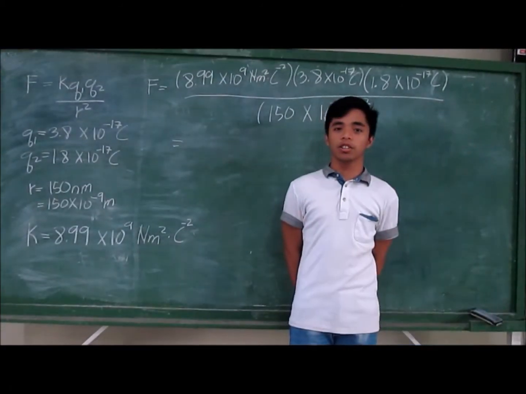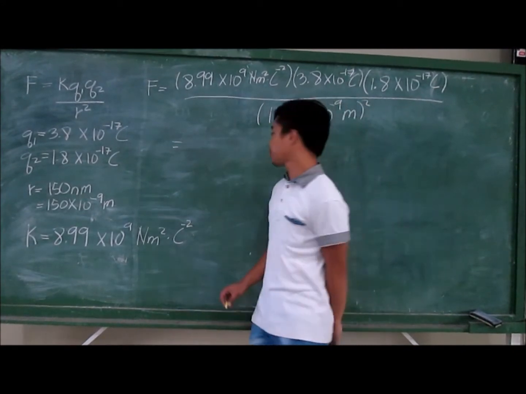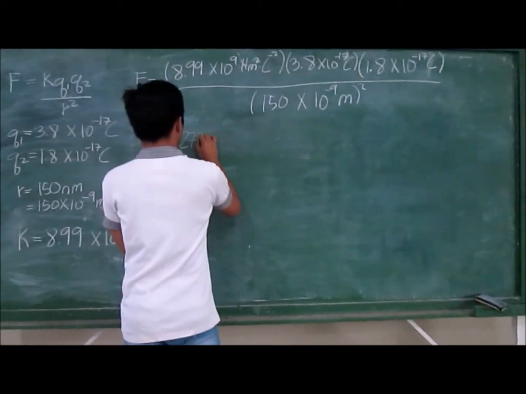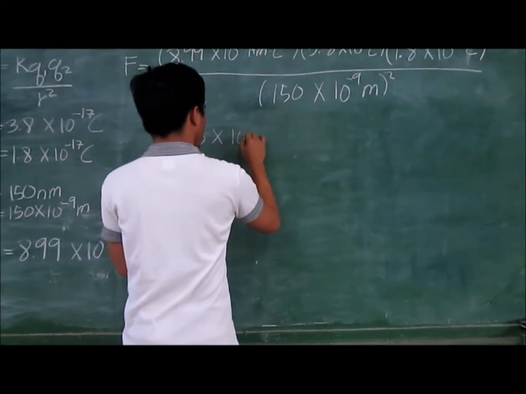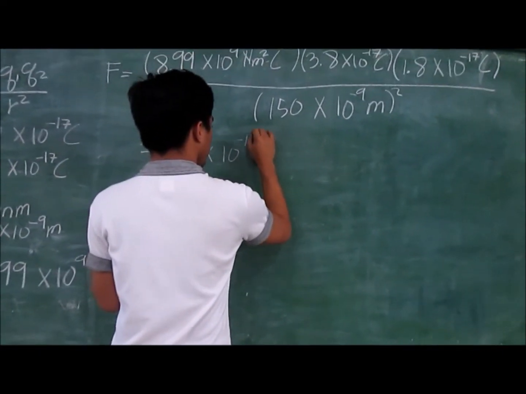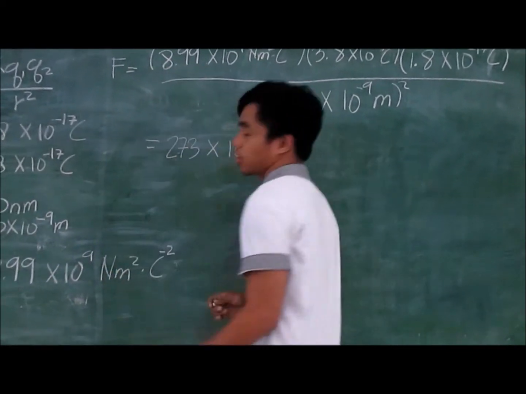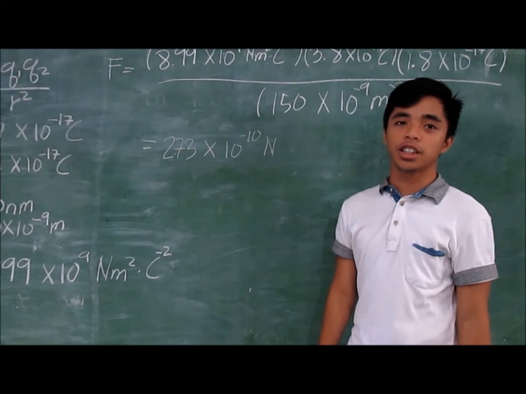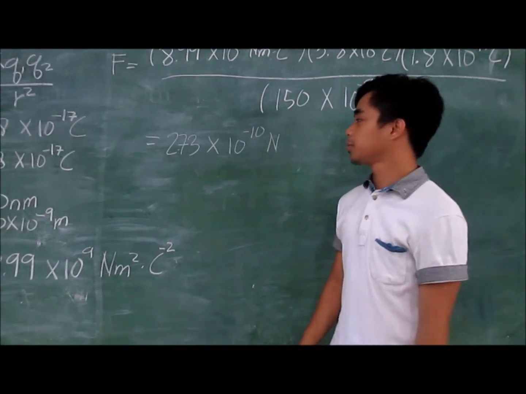So the calculated value is equal to 2.73 times 10 raised to the power of negative 10 newton.